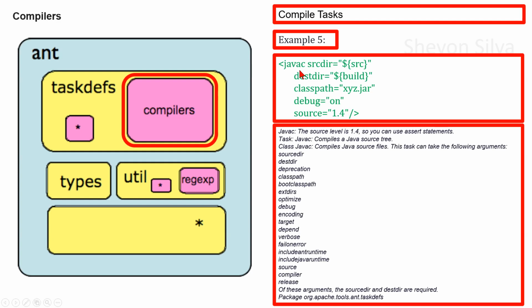Here we compile all .java files under the src directory, and store the .class files in the ${build} directory.